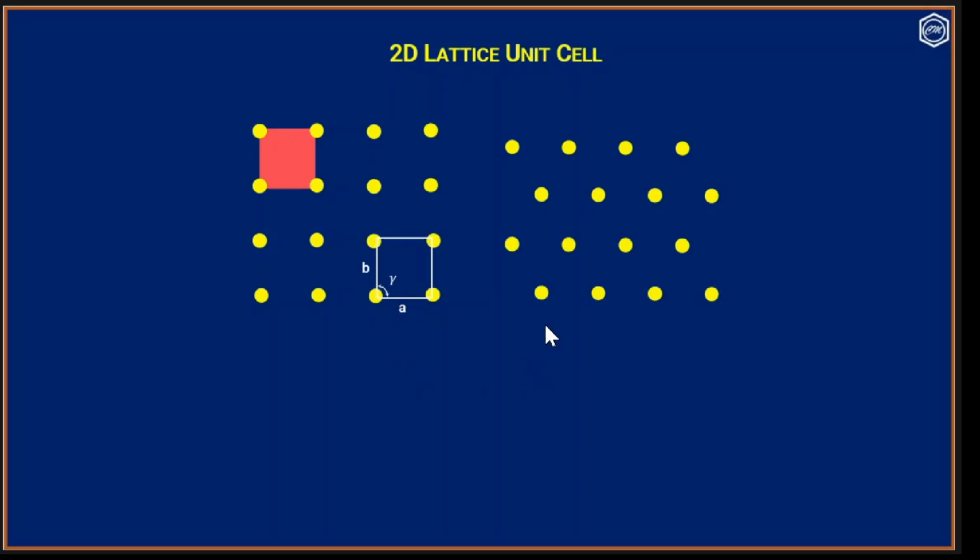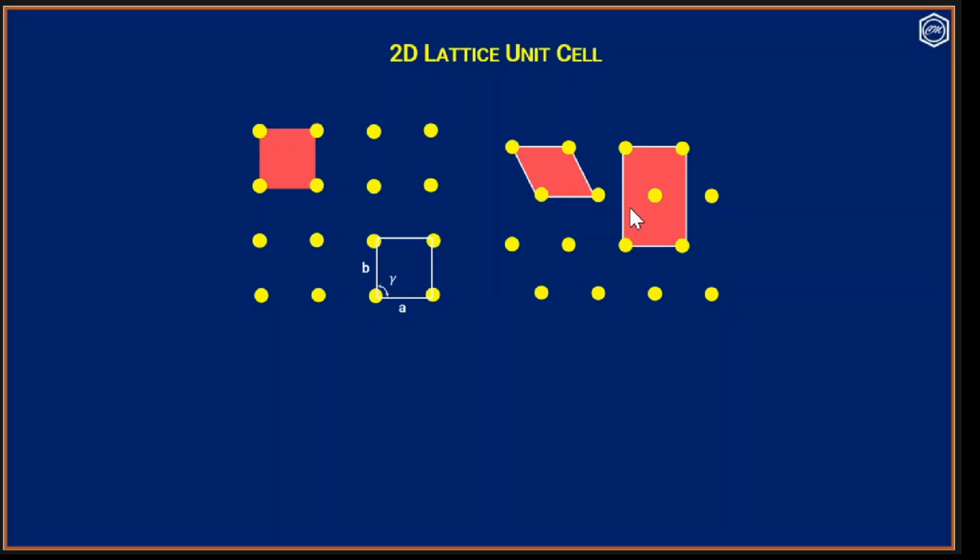Now I am constructing another 2D lattice by placing points in a different way. Here we can imagine basic units with different shapes. So this may be a basic unit or this may be a basic unit. The translation of these basic units can construct the whole crystal.